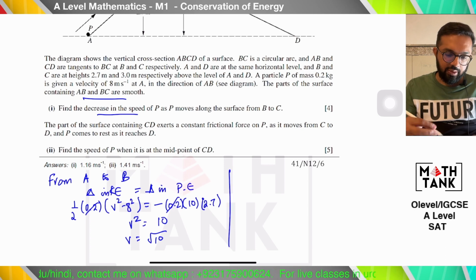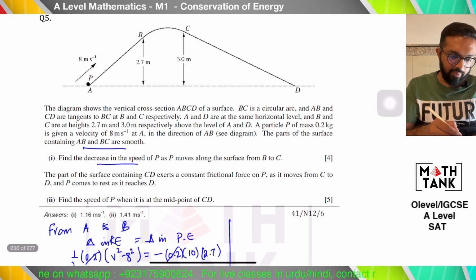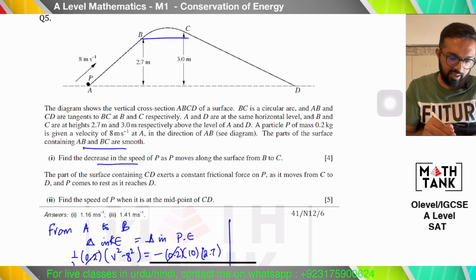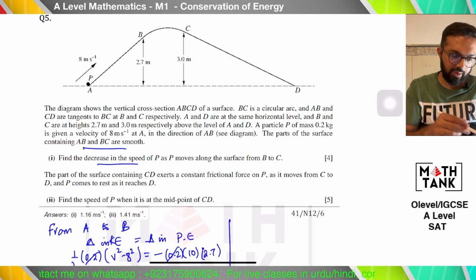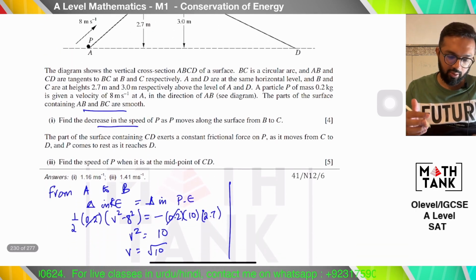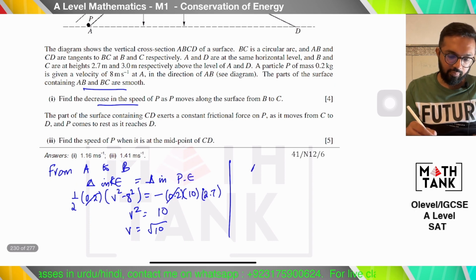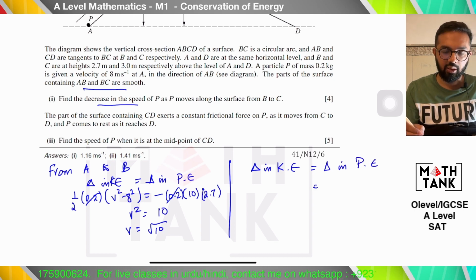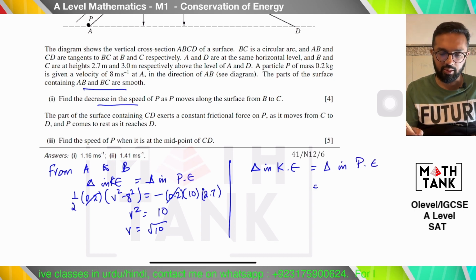Then it still keeps going up. It's going to slow down and have a speed. But since P is again increasing, I can assume that change in K equals change in P. Again, since P is increasing, I will assume that K is decreasing.